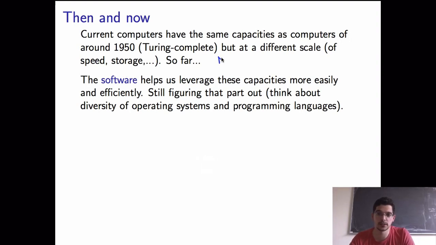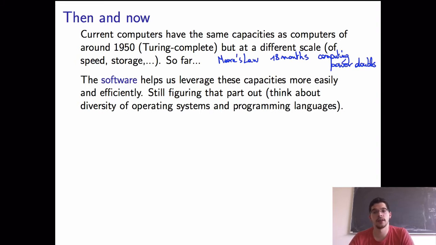For instance, there is something known as Moore's Law, which is an informal law that says that the growth in computing power of computers is exponential. So every 18 months, the computing power doubles. So the computer is capable of performing twice as many operations in the same time.